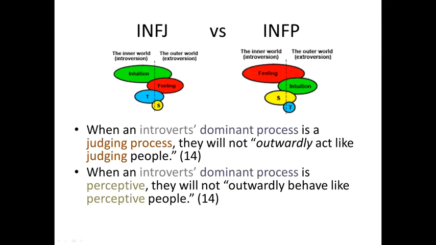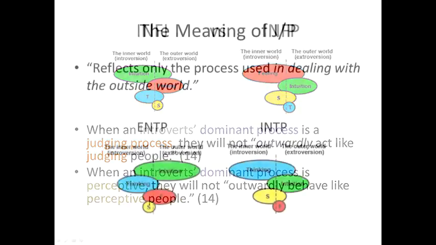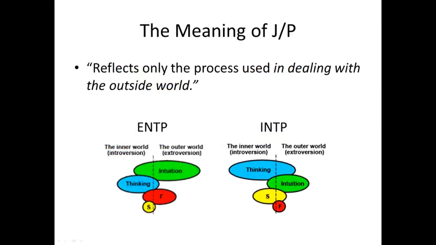So hopefully that makes sense, because it's interesting at the least to know that there's that difference and that the last letter is describing how you interact with the outer world. So now, the meaning of J/P reflects only the process used in dealing with the outside world, which is what I just got into, right?